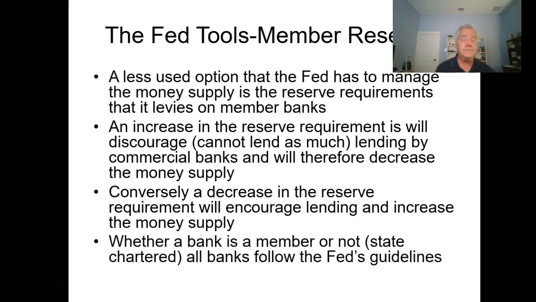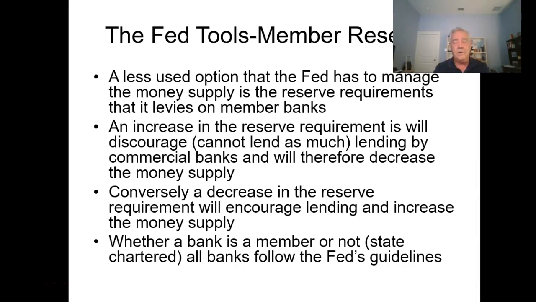Now, here's the thing. We talked about 38% of the commercial banks in the U.S. being members of the Federal Reserve. Well, you don't have to be a member of the Federal Reserve. Okay, that's why it's only 38%. Now, what that means is that even though you are not a member of the Federal Reserve, you have to follow Federal Reserve guidelines and rules, because they are the central bank of the country, the United States, and they are responsible for managing these banks, managing how they operate.